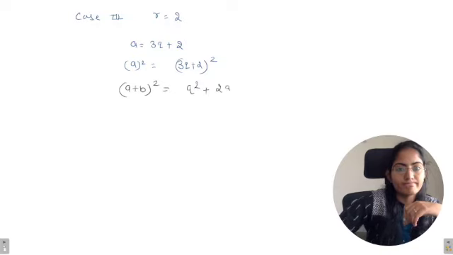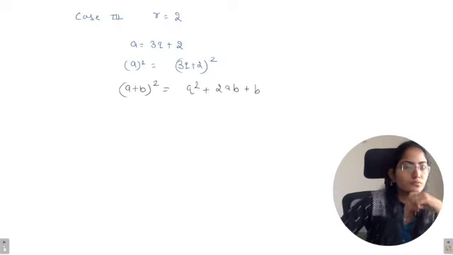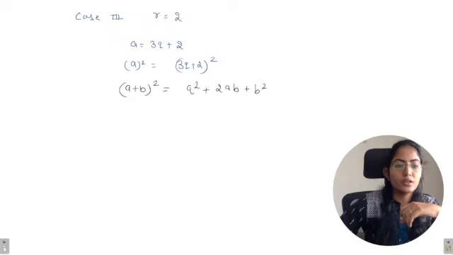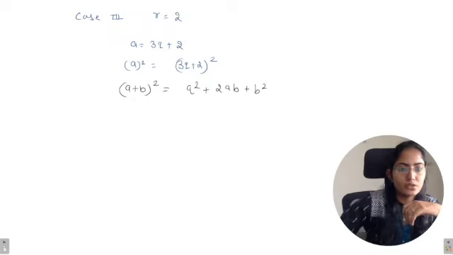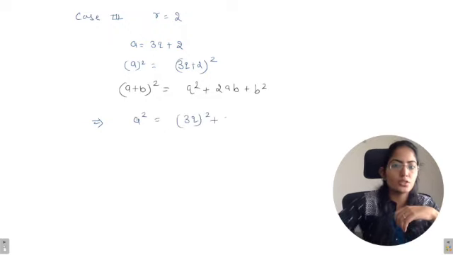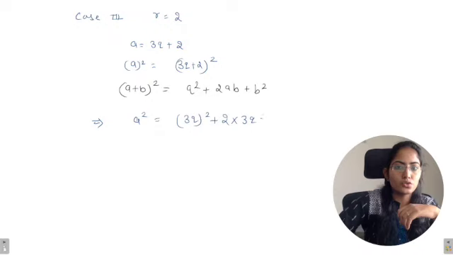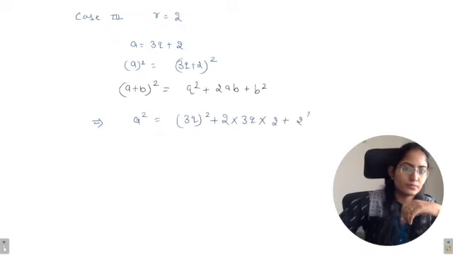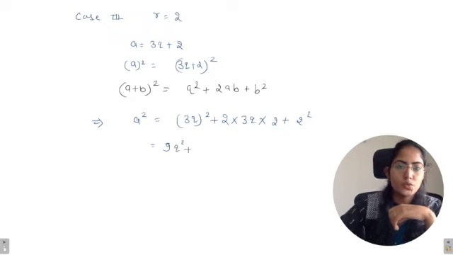According to the identity, a square is equal to 3q whole square plus 2 into 3q into 2 plus 2 square. So it will become 9q square plus 12q plus 4.